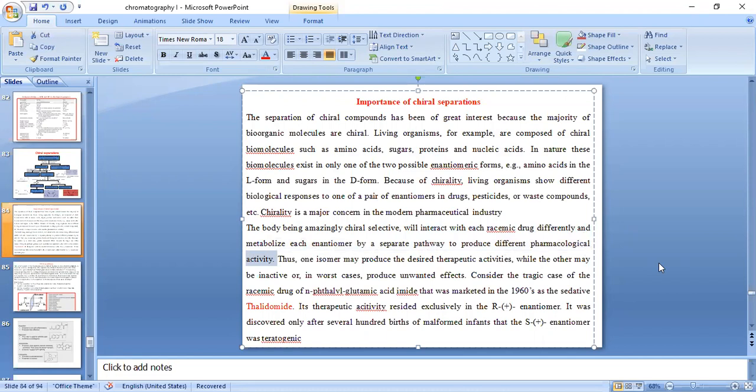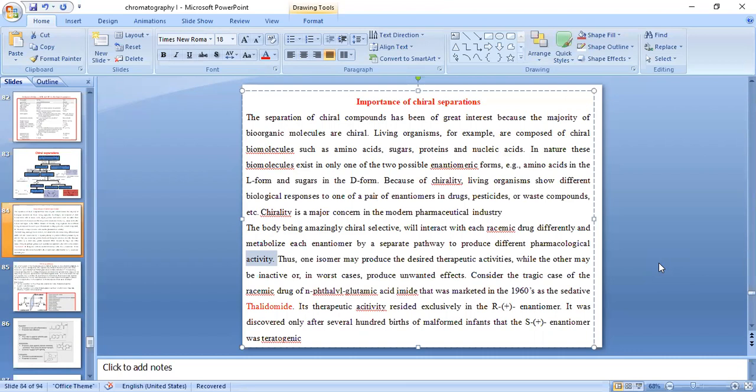Since they have the same physical properties and the same chemical properties, almost all properties are the same. They differentiate only when we expose the chiral molecules, that is the R and S isomers of the same molecule, to a chiral environment. Then they will behave differently.